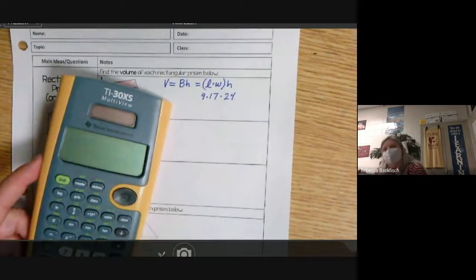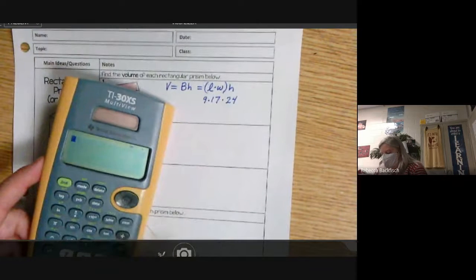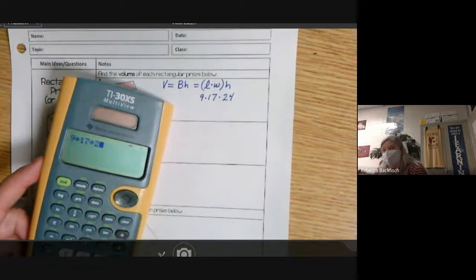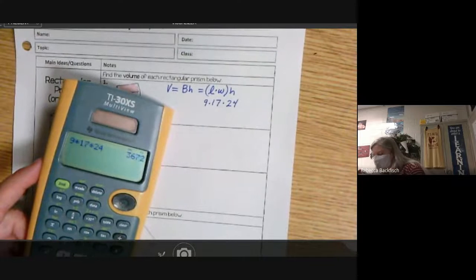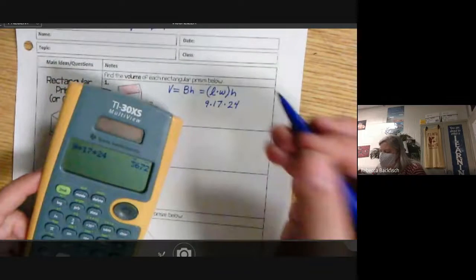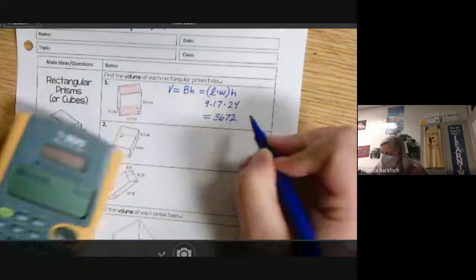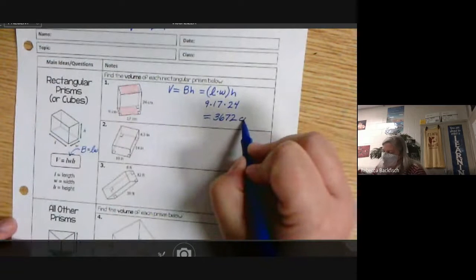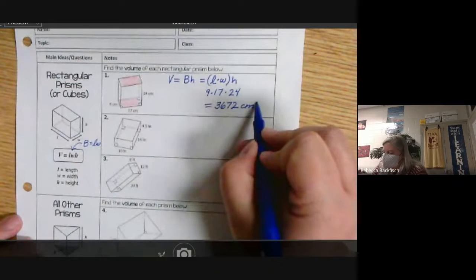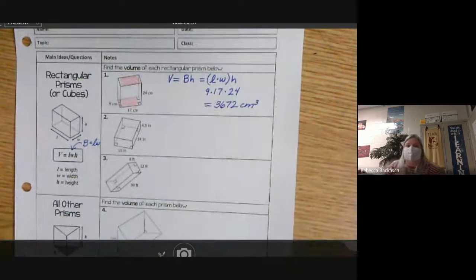So 9 times 17 times 24 equals 3,672. And it's centimeters. For volume, it's centimeters cubed, cubic centimeters.